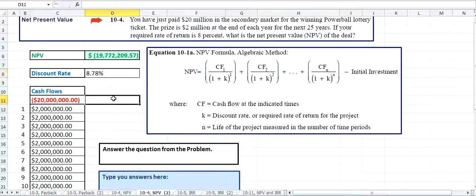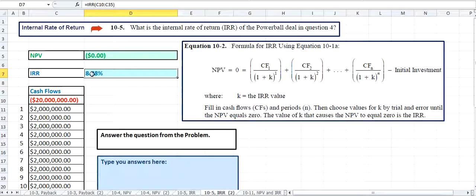At 8.78, we're still positive barely, because if we go back to our IRR problem, this isn't really 8.78, this is 8.78 and change, right? So this is what we would have to put in to get exactly 0.